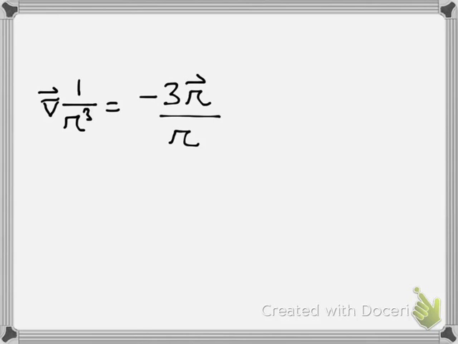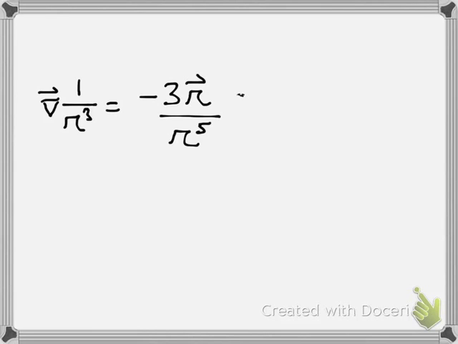So pulling all this together, I get that the gradient of 1 over script R cubed is just minus 3 times script R over script R to the 5th. If you go back and put the unit vectors back in with my derivatives, you'll see that you just get the script vector R on top again.